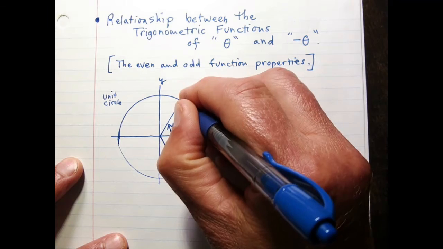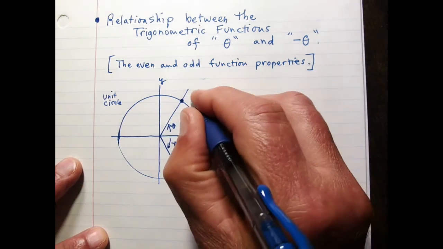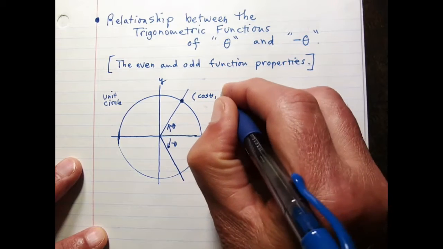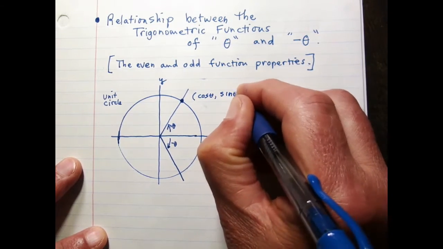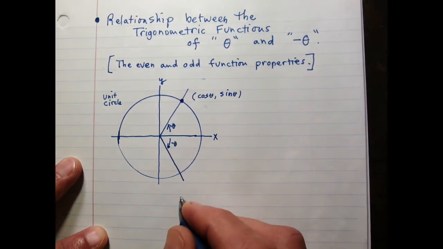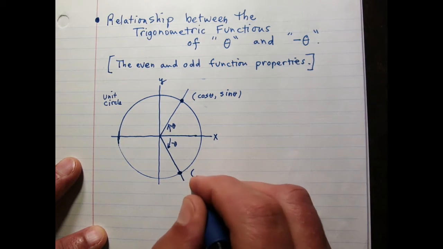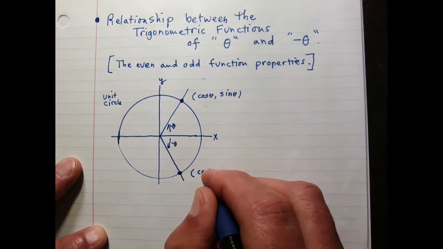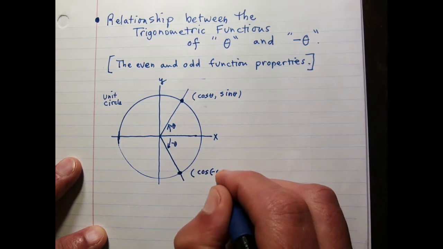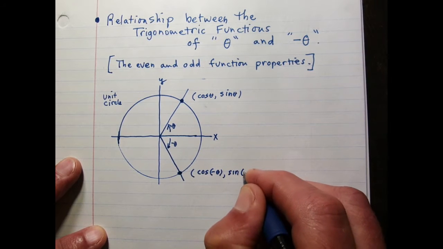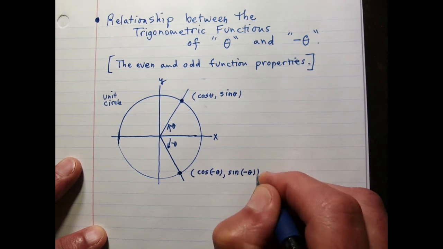And then the coordinates of this point on the unit circle are going to be cosine of theta, sine of theta. So the x-coordinate is cosine, the y-coordinate is sine. And if this is minus theta, then the coordinates of this point are cosine of minus theta, sine of minus theta.